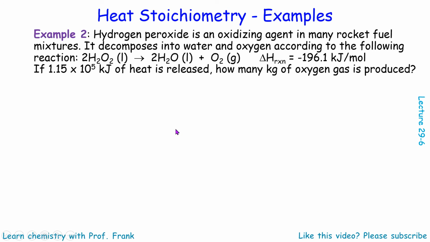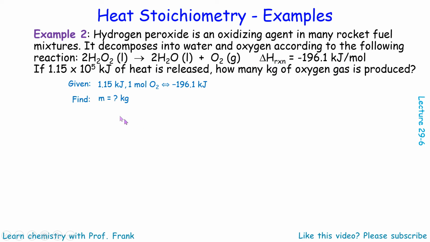Example 2. We have this chemical reaction. Now if 1.15 times 10 to the 5th kilojoules of heat is released, how many kilograms of oxygen gas is produced? We know the heat and we know the relationship between the mole of oxygen and the heat of reaction.